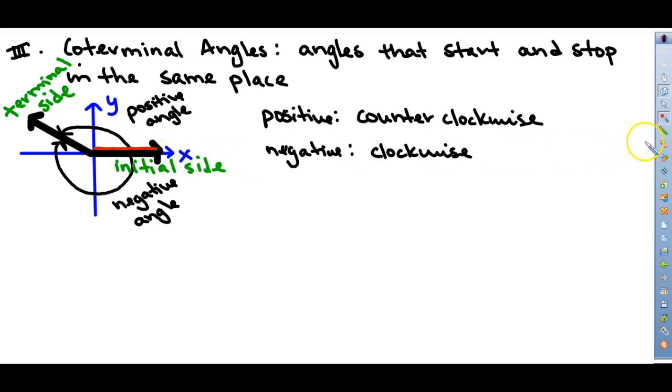So the measure of your angle depends on how far you rotated this ray that lies on the positive x-axis. By the way, when an angle lies on the positive x-axis, that is referred to as an angle being in standard position.